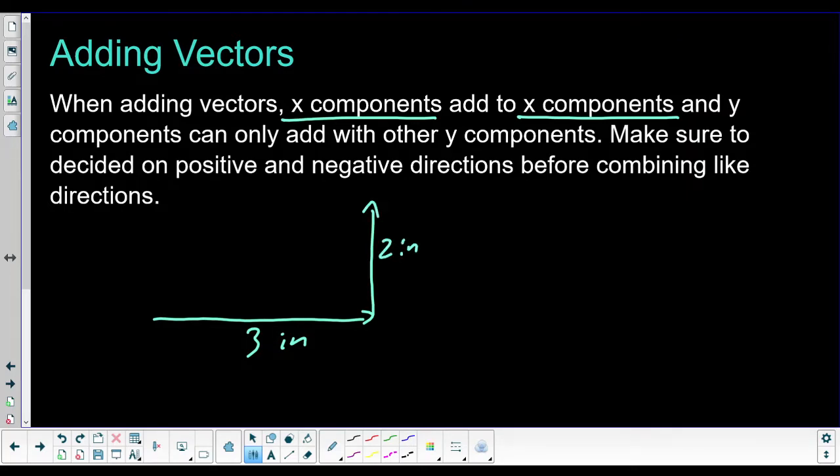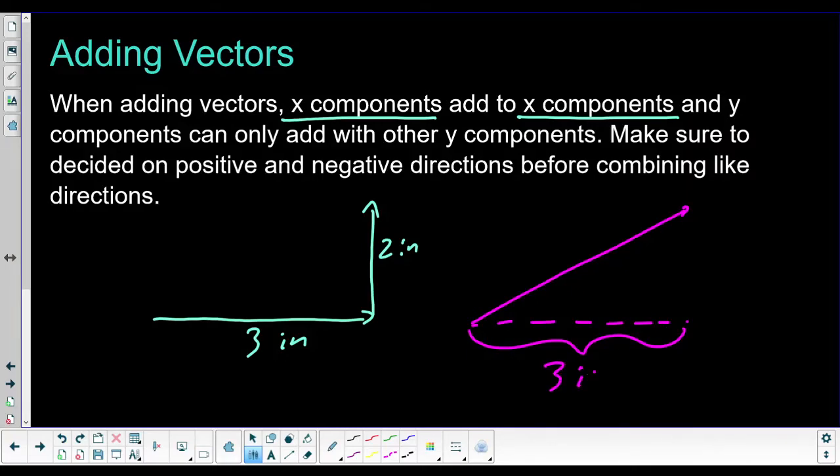If I add these together, now my new vector is both of them combined. So start at the tail, go to the tip of the other one. It's this pink vector. And we ask ourselves, what is the x piece of this vector? That's just this. Adding this perpendicular piece doesn't change this x length. This is still 3 inches.